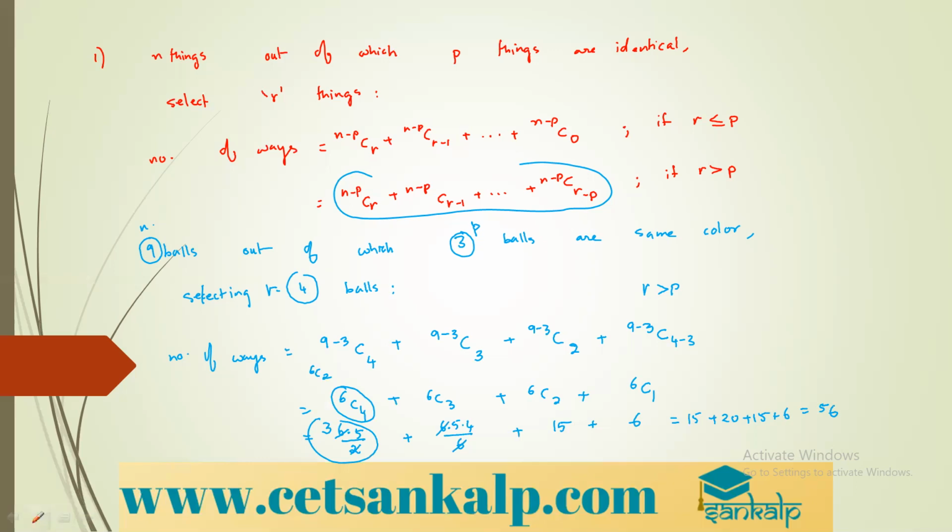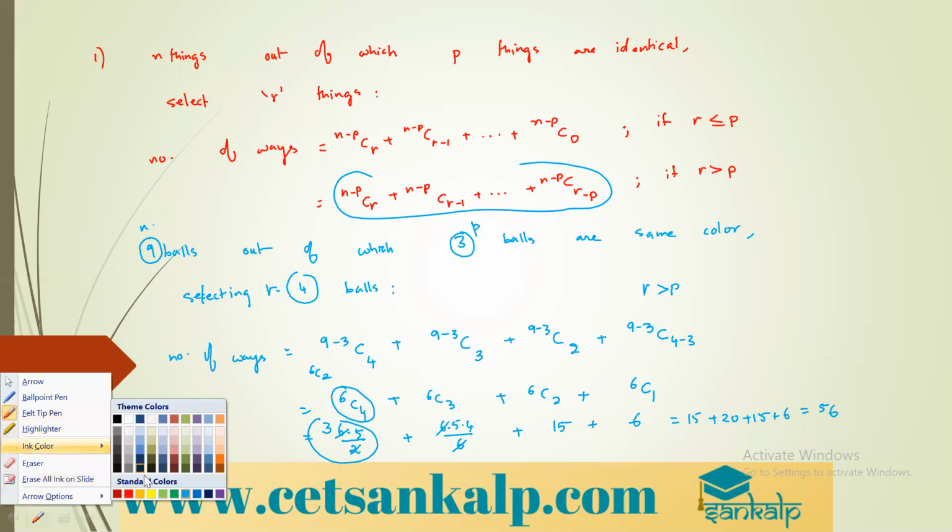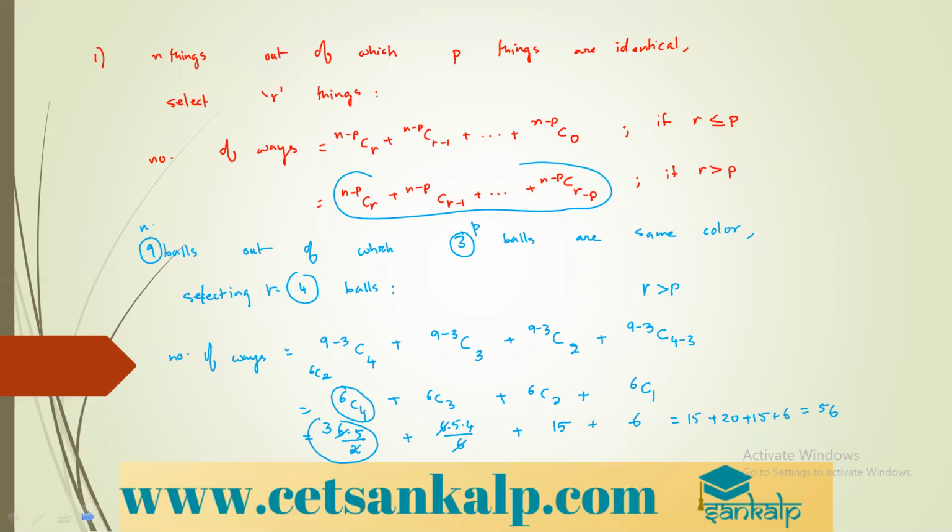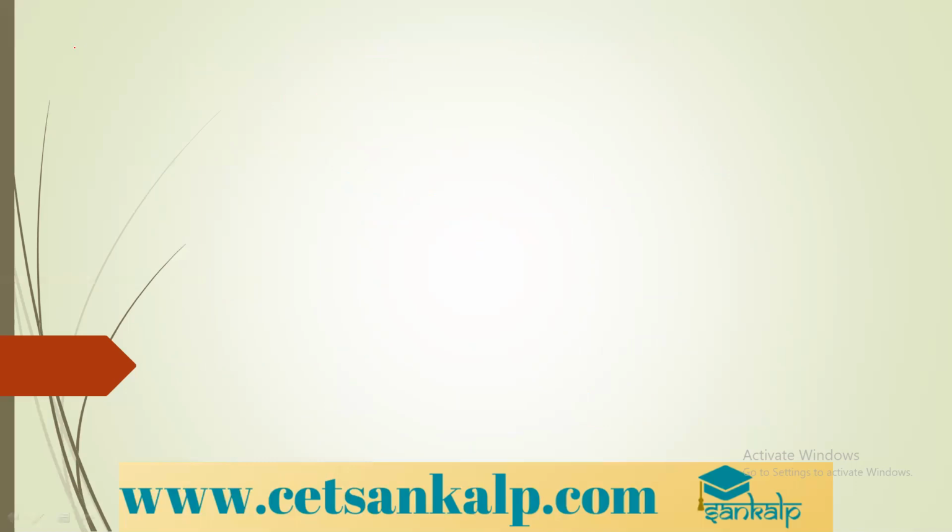Okay, coming to the next shortcut formula, that we will do on the next page. That is the second one. Suppose there is a number n. Again, this n is a number, you will prime factorize it.